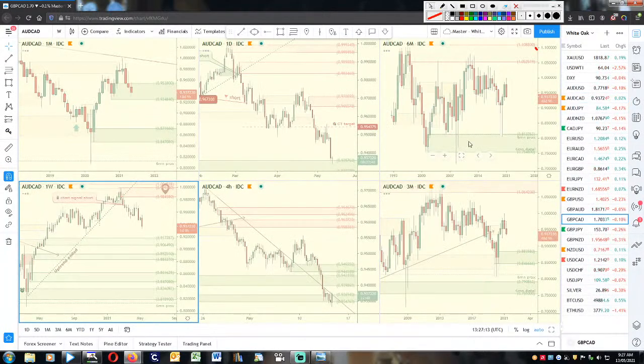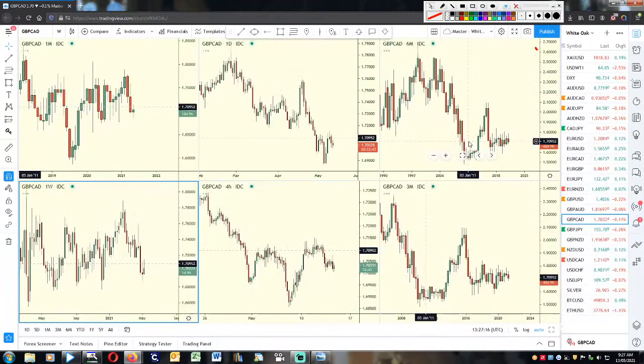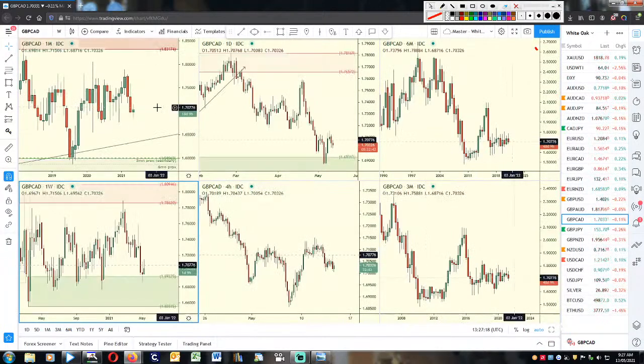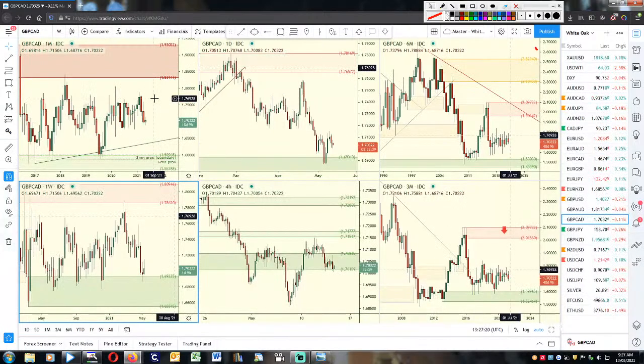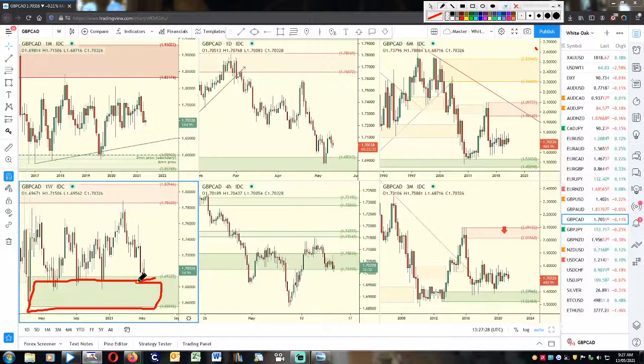Pound CAD. If the pound continues to sit sideways, then we could see some more momentum to the downside with this one. Although I don't like this chart as much because we have this major area of demand that's been contacted a few times and we're sitting there again.